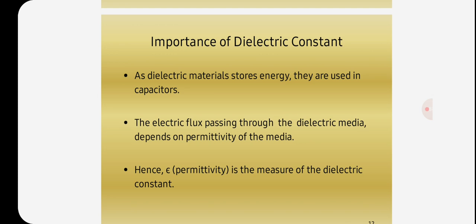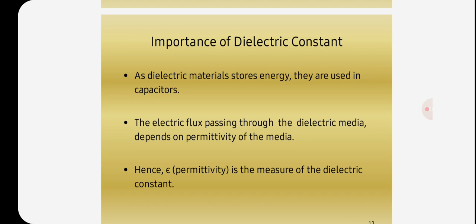The permittivity of a medium establishes electric flux lines within the dielectric. The permittivity of a dielectric material is a measure of the ease with which dielectric flux lines can be established within the dielectric.